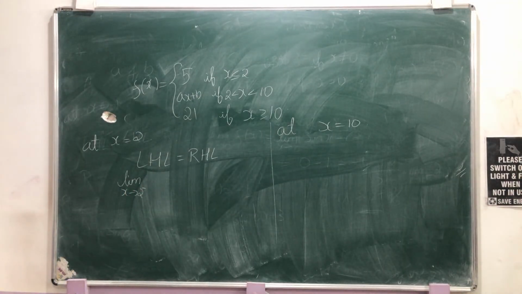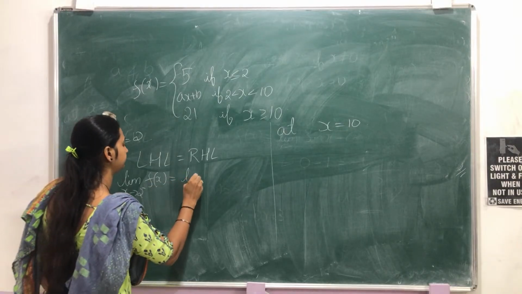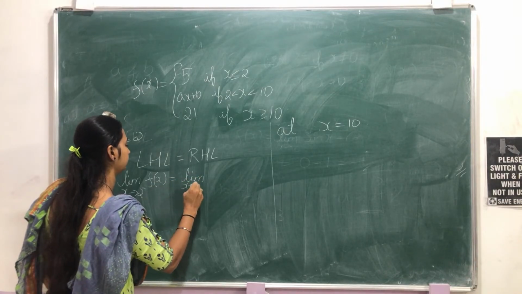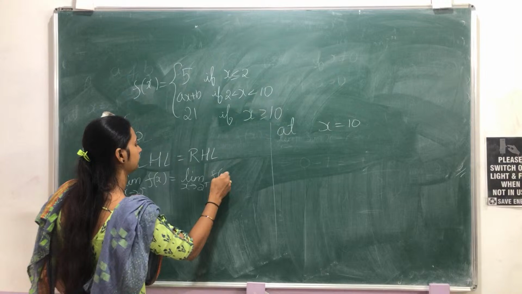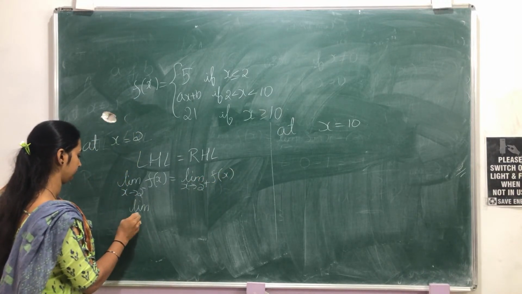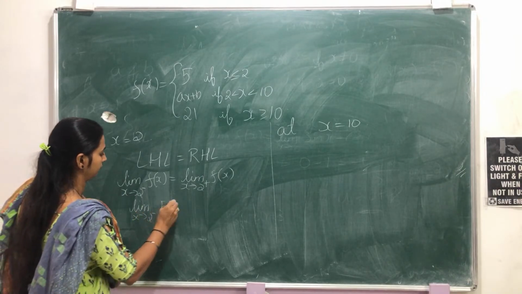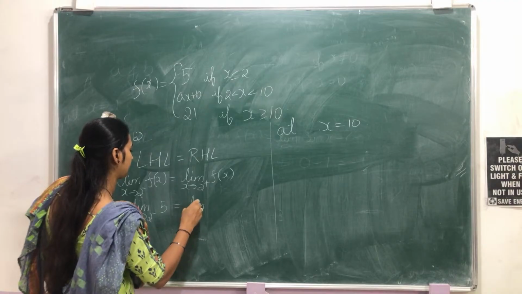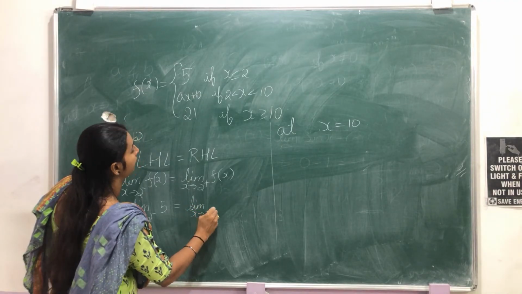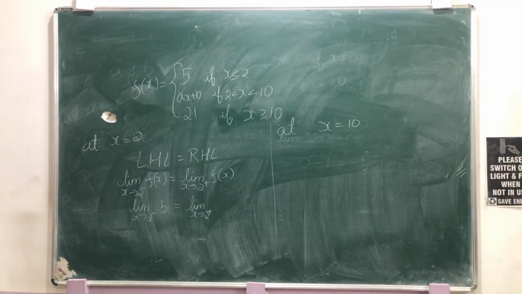It's very important. Don't write directly. What is f of x as x tends to 2 minus? What is it as x tends to 2 plus?